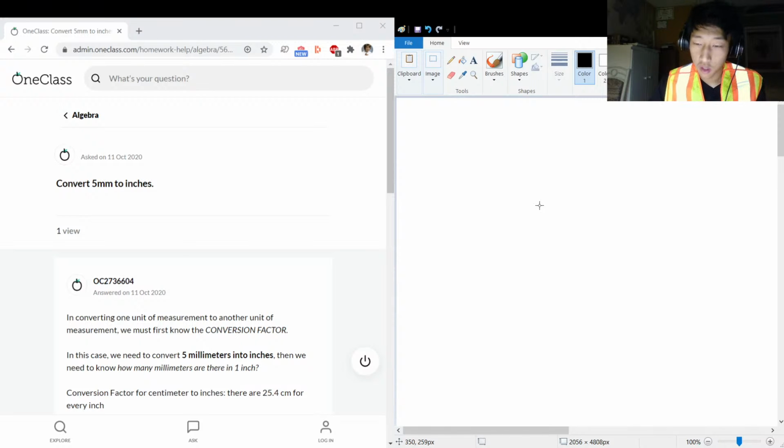So to do this conversion, we're looking for the number that is millimeters per inch. I think it's 25.4 millimeters per inch.